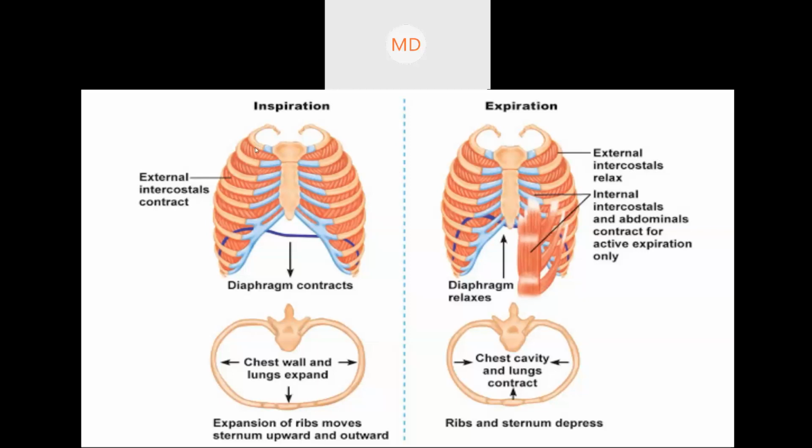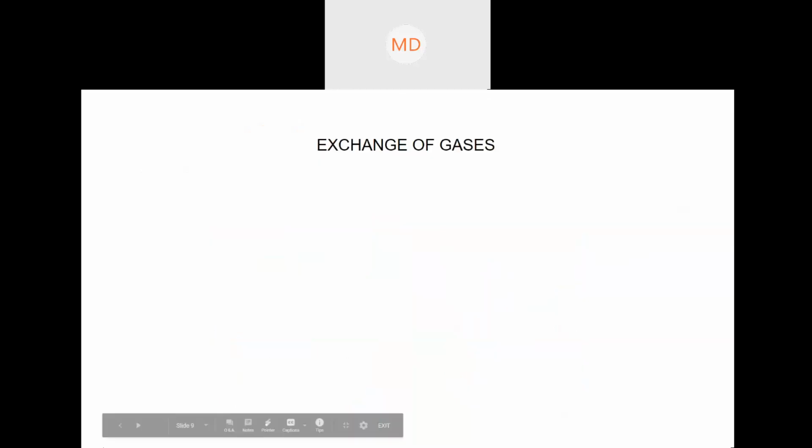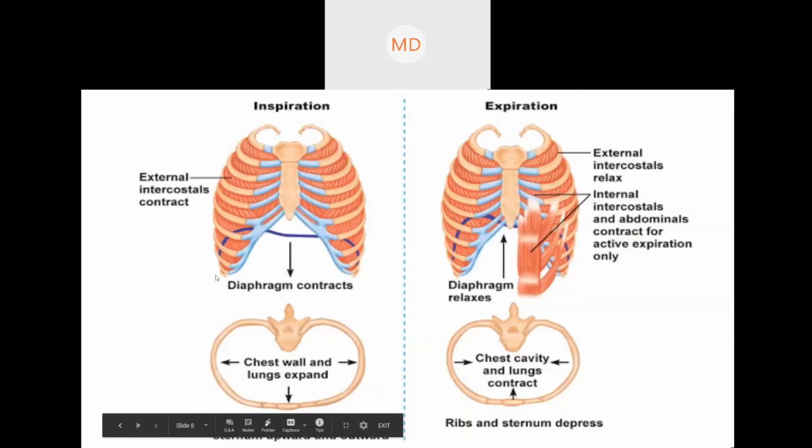When it contracts, they will pull each other, and the volume will increase. So when it relaxes, it will come back to its original position. Relaxation doesn't require energy, so let me give an example. In order to tighten your fist, you need energy, right?